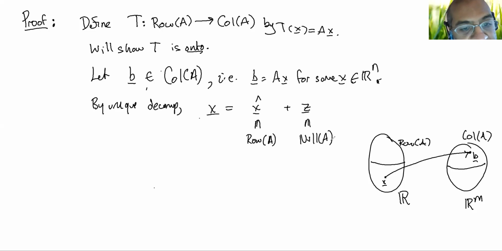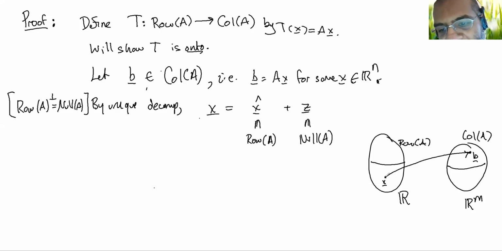So I'm decomposing this x into two vectors: x hat, which ends up in the row space, and an orthogonal vector z, which is in the null space.